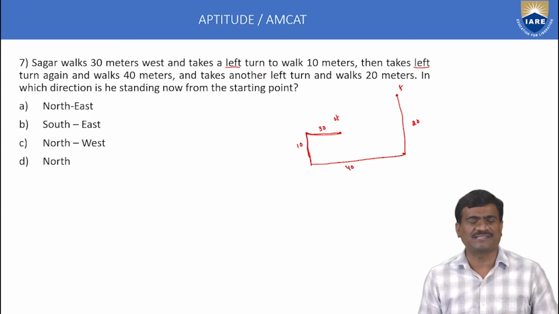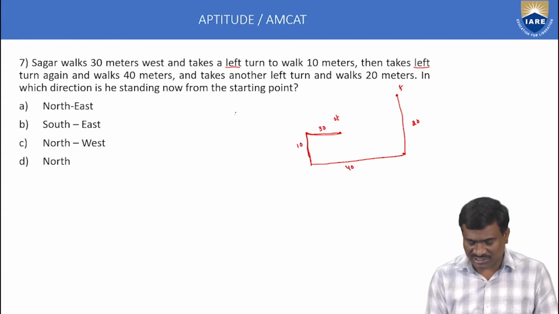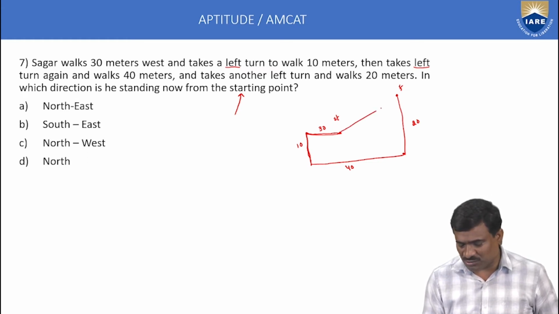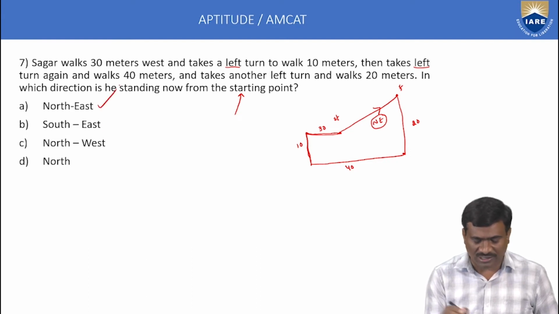The question is to find the direction with respect to the starting point: in which direction is he standing now from the starting point? From the starting point you draw the line. This arrow indicates northeast. Option A only is correct.